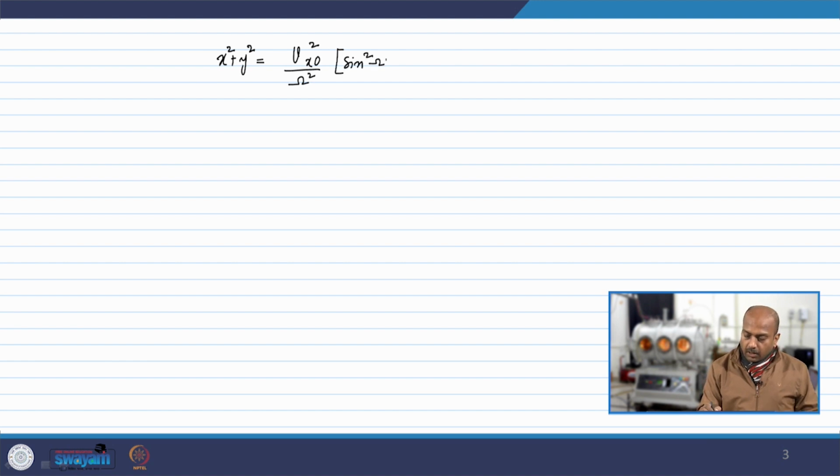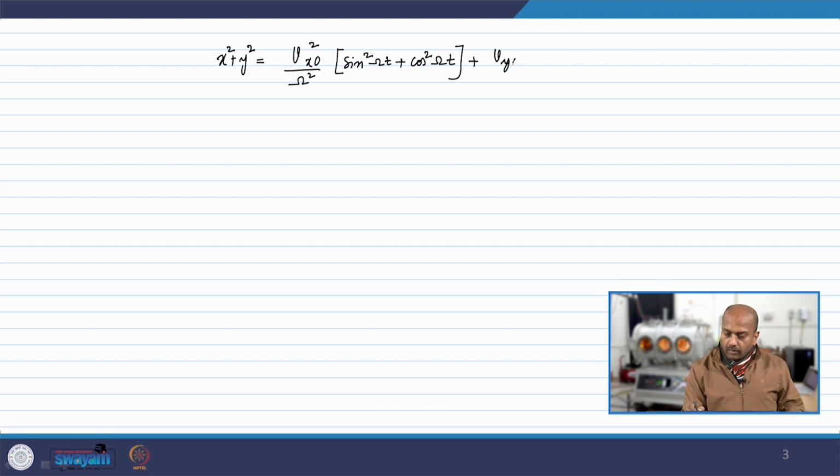Sin square omega t plus cos square omega t, plus Vy0 square by omega square times sin square omega t plus cos square omega t, plus of course the remaining terms. What are the remaining terms?